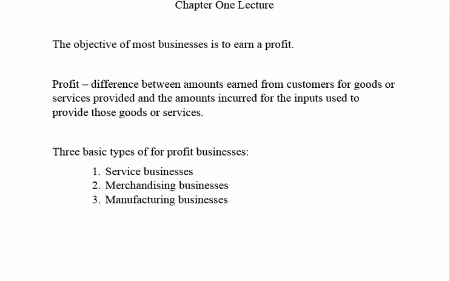We'll deal with merchandising businesses in Chapter 5. Now, manufacturing businesses actually produce a product for sale to typically other businesses or wholesale customers. And we'll talk more about them in ACC 121, our managerial accounting course.